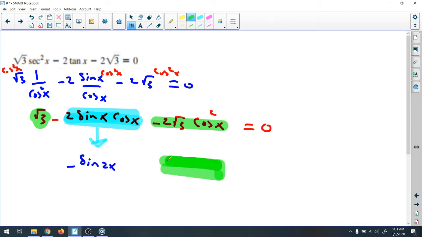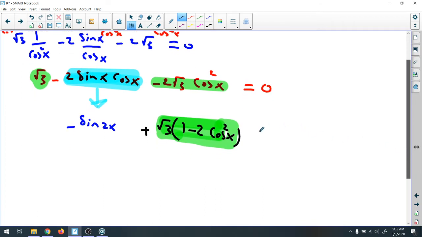The green spot here will be for this operation. We're going to take square root of 3 as common here. So take it out, square root of 3 plus square root of 3, open parenthesis. Square root of 3 divided by square root of 3 is 1, minus 2 square root of 3 divided by square root of 3 is 2, and cosine square of x is left.